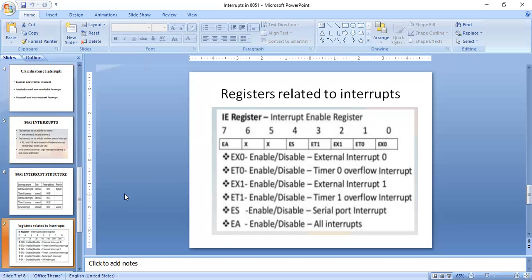For the remaining ones, whichever interrupt is there, be it serial, external or timer, that bit should also be set, from 0 to 4. Bits 5 and 6 we are not using.